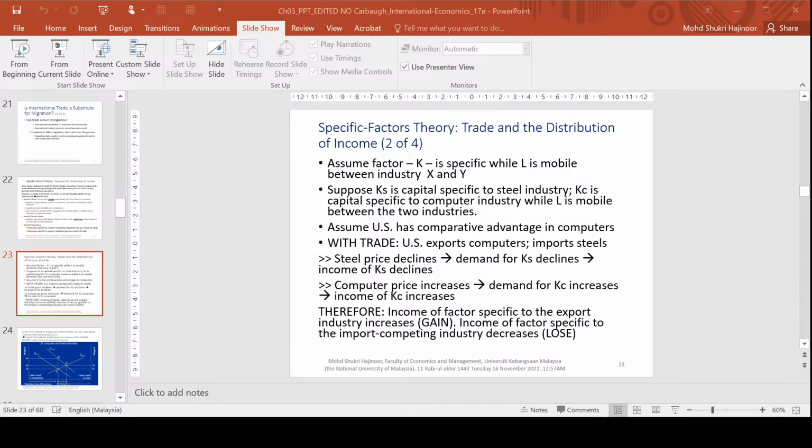Immigration also will lead to higher inequality of income between the skilled and unskilled. However, education will close or narrow the gap of income between the skilled and unskilled.